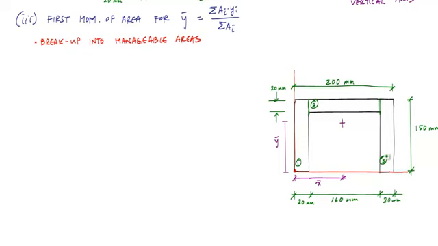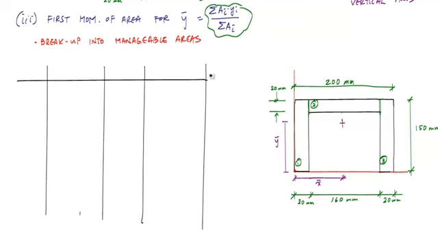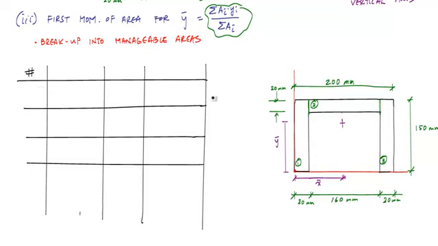And I want to make a table that matches this relationship here. I numbered each of my areas, and I have 3 of those areas, so I'm going to draw a line for each section: number 1, number 2, number 3. In the first column, I'm going to calculate the area of each of those, with units of millimeters squared.